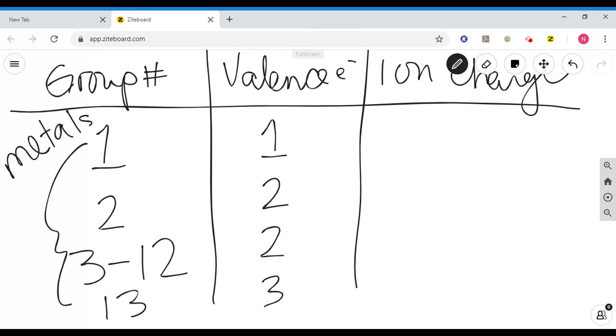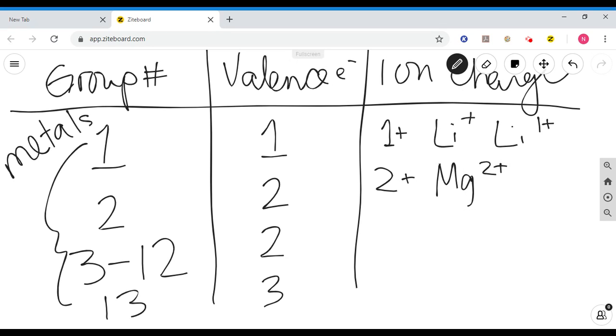Over here with the charges, their ionic charges are 1 plus, so this would be like lithium plus. If you don't see a number in front of it, you can assume that number is a 1. Group 2 is a 2 plus, like magnesium 2 plus. These numbers should look pretty familiar, showing the bonds with how many valence electrons they're giving up.